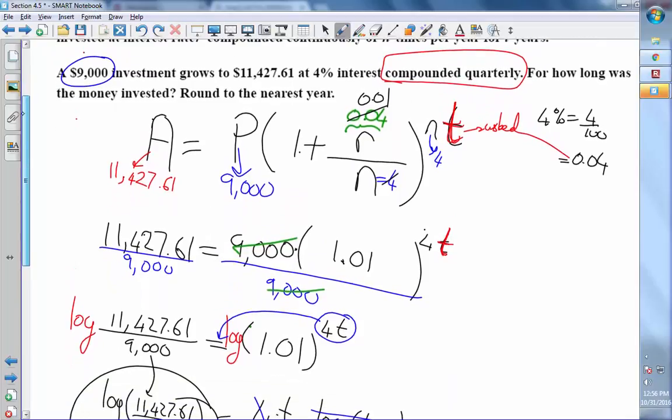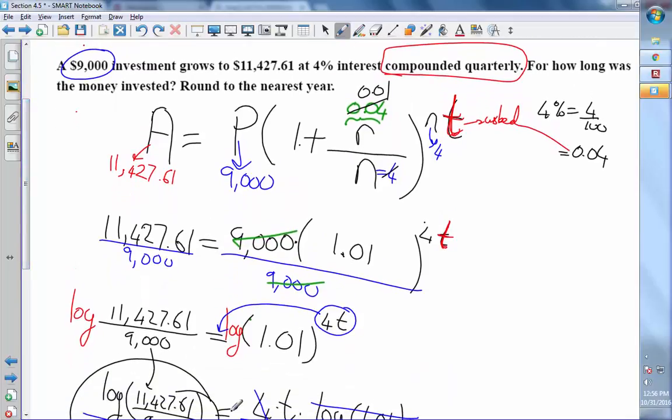Now again, what did I do here? I copied the formula. The formula has 5 letters, unknowns, A, P, R, N, T. To be able to solve an equation, you need to know the first four, and one of them must be missing. Usually A was missing, we found it.